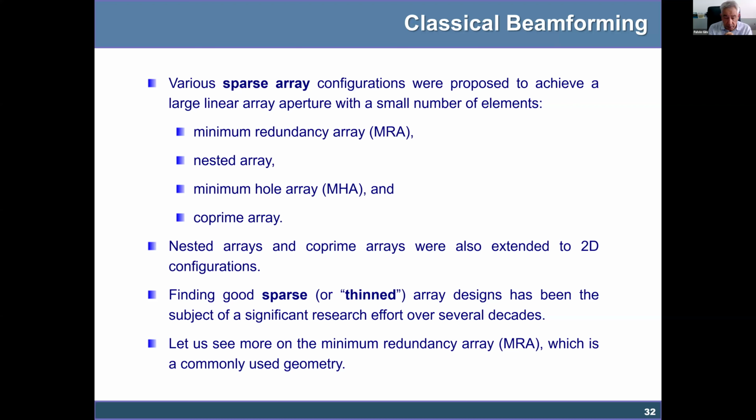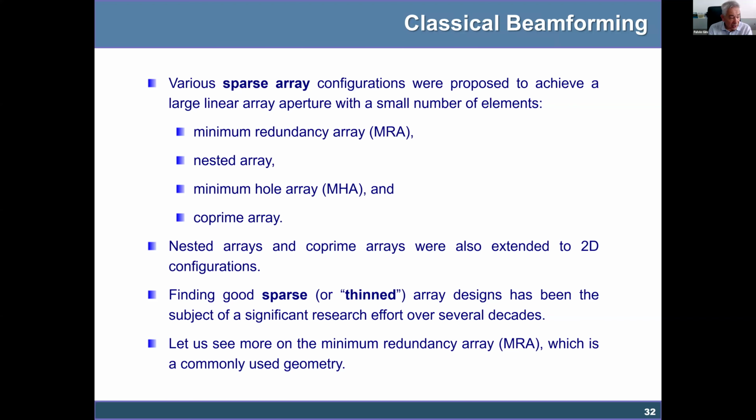Now, people started to think about how to avoid this. So how can we improve the aperture without increasing the number of elements, so without increasing the cost of the hardware, but still avoiding the presence of grating lobes?